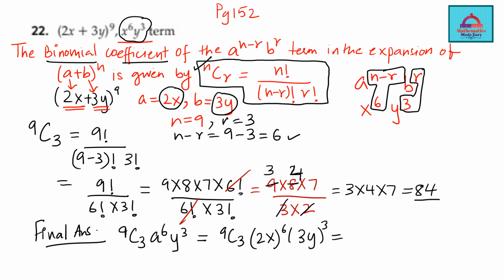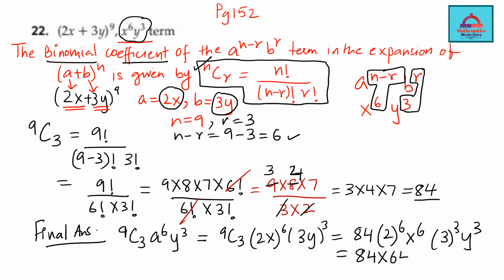Now 9C3 we have already got as 84. So what else is coming in the coefficient? 2 to the power 6, x to the power 6, 3 to the power 3, y to the power 3. I'm just opening up and trying to simplify. So this is a huge number which is going to come as 84 multiplied with 2 to the power 6, which is 64, and 3 to the power 3, which is 27, and remaining is x to the power 6, y to the power 3, and that's exactly what we want.